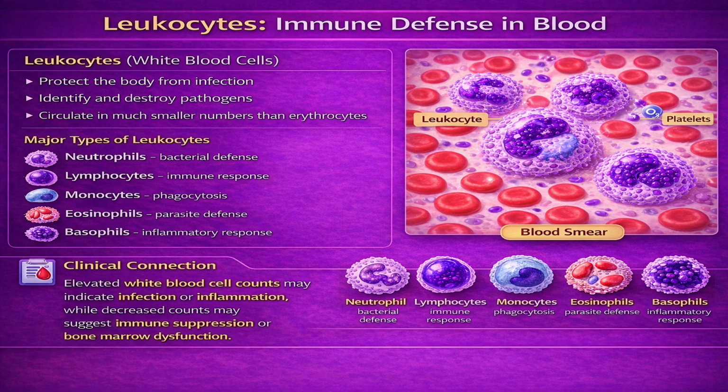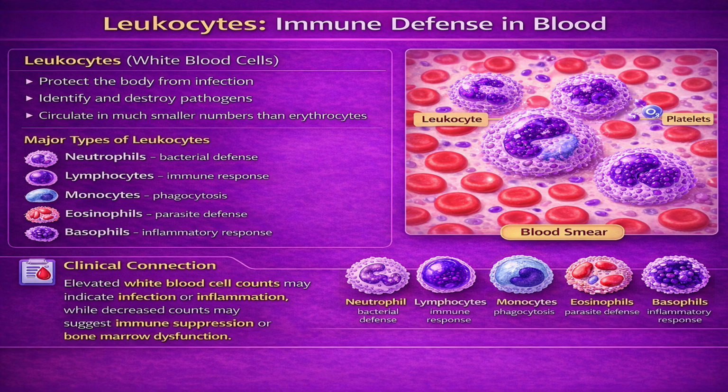In clinical practice, the number of leukocytes in the bloodstream is measured through a white blood cell count, which is part of the complete blood count test, or CBC test. Elevated white blood cell levels may indicate infection, inflammation, or immune activation, while abnormally low levels may suggest immune suppression or bone marrow disorders, as is common among patients with leukemia.